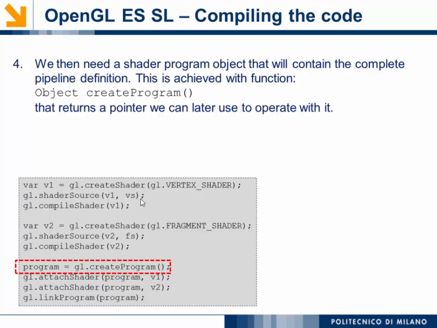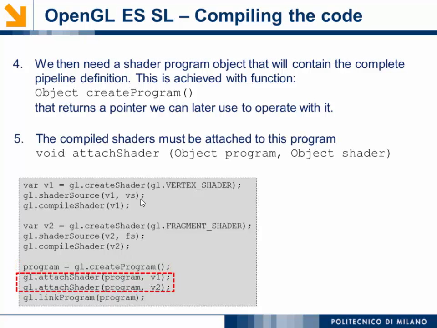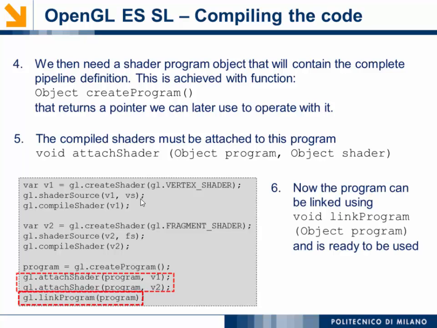To create the full pipeline, we have to create a program. gl.createProgram allocates the portion of memory for the full pipeline. Then we attach, we put inside this program object the partial compilation results, the objects from the previous compilation stage.